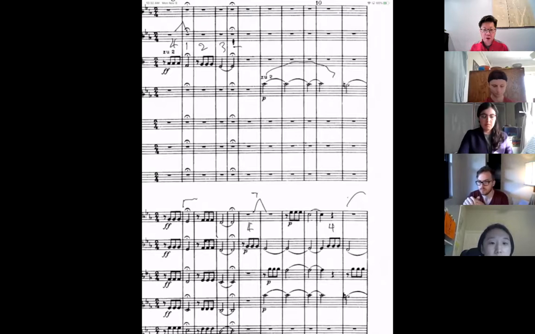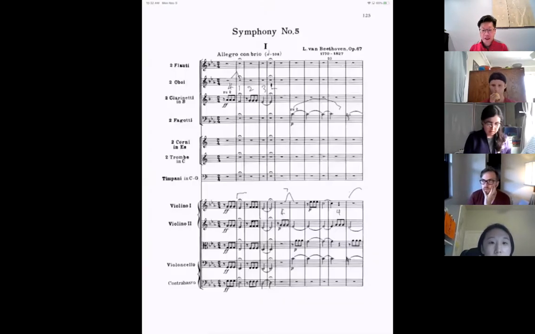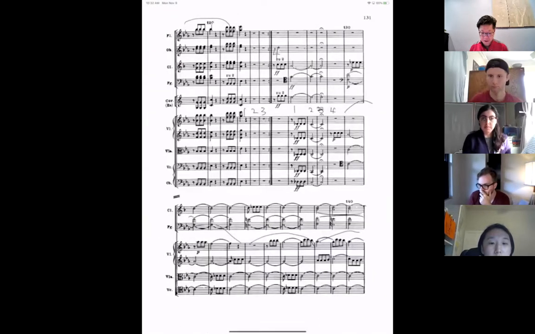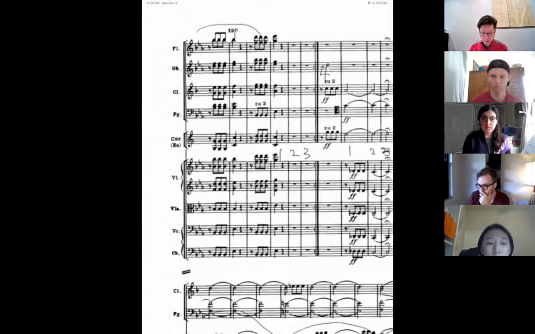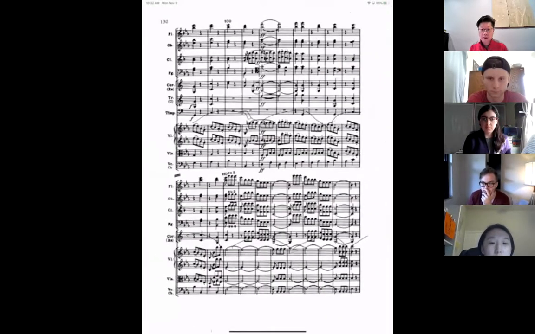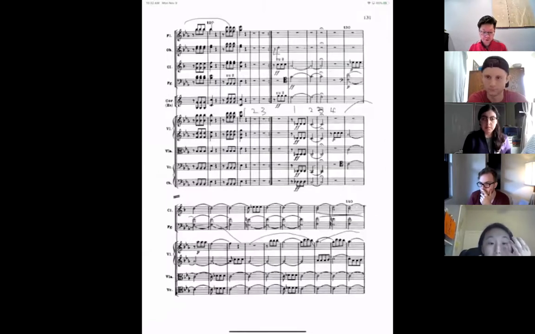But basically, most of the movement is in a 4-bar phrasing system. If you go to the end of the exposition, on the previous page, the last measure is phrase 1, and then on the next page, phrase 2, 3, 4, and then you have 3 bars left.